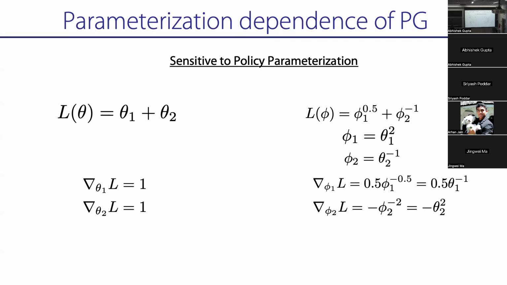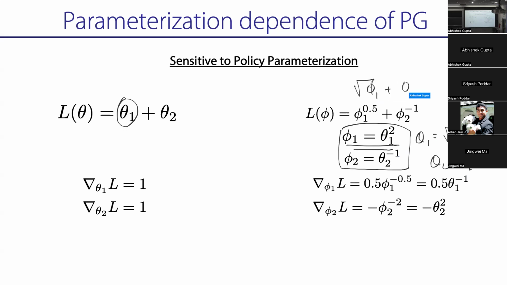All I did is reparameterize my objective. Then I can re-express it: theta1 is equal to the square root of phi1 and theta2 is equal to phi2 inverse. So the objective theta1 plus theta2 can now be written as the square root of phi1 plus phi2 inverse. It's the same thing; I just reparameterized the choice of parameters.